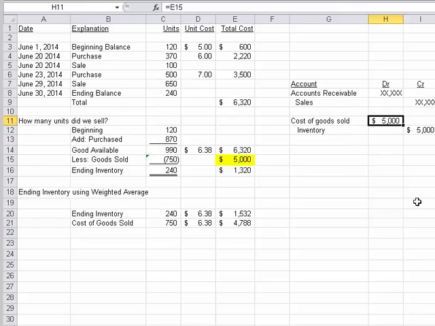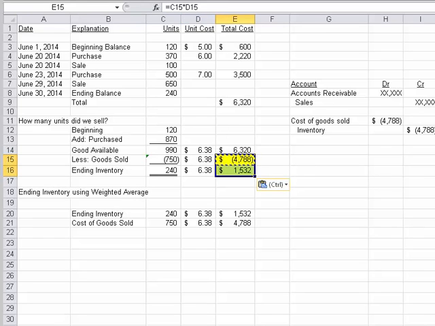Now the entry, instead of being made for $5,000, we know that we're always going to use 6.38 to come up with those values, right? It's the 6.38 that comes up with the dollar amount of goods available, cost of goods sold, and inventory. In other words, we use 6.38 for both purposes.